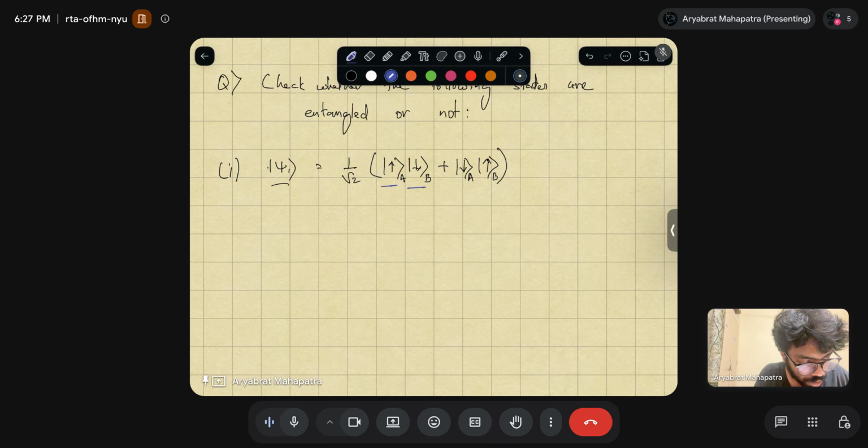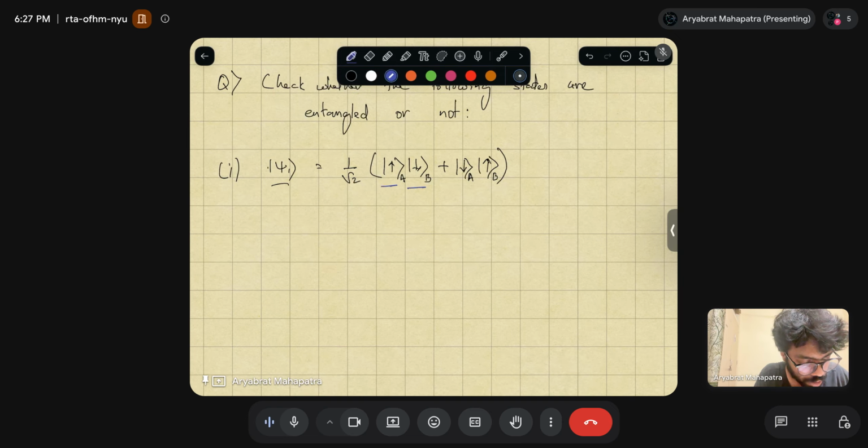But on top of that, you can also make linear combinations, and if you see, these are not entangled states.